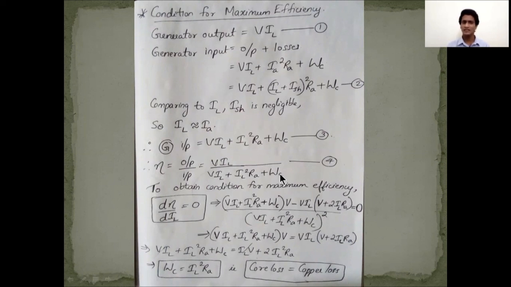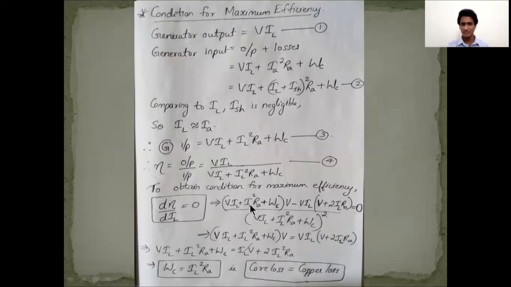To obtain the condition for maximum efficiency, consider the variable in this equation, which is the only variable IL. So differentiate this equation with respect to IL and equate it to 0. Then d eta by dIL is equated to 0. Taking the derivative, we use the division rule: denominator into derivative of numerator minus numerator into derivative of denominator, whole divided by denominator square.